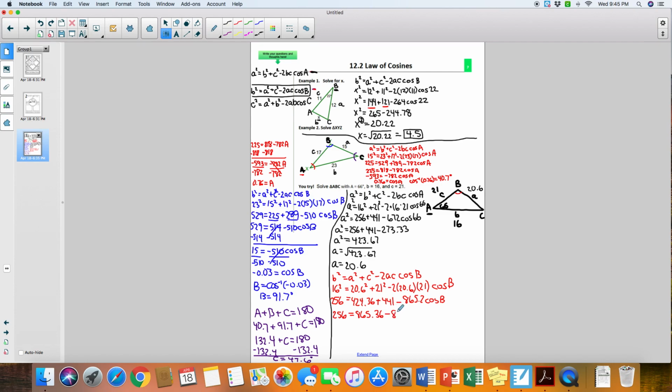And I bring down my 865.2 cosine B. Again, make sure you treat this as one variable. Think about this as solving an equation. I have to get rid of anything added or subtracted first, so I would subtract 865.36 on both sides.